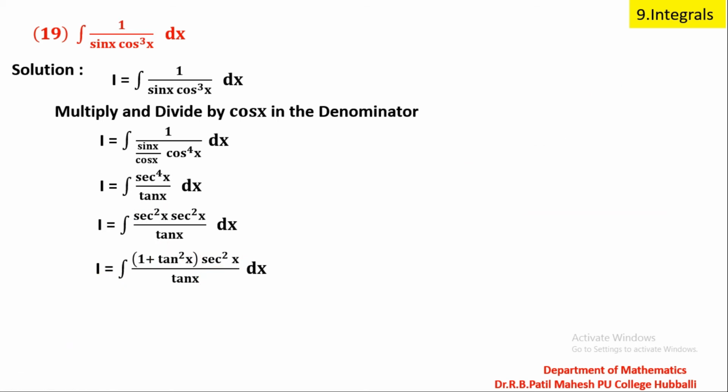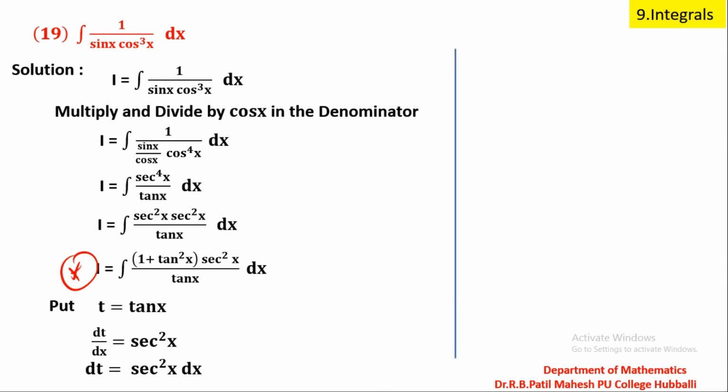Therefore, our next step is substitution. Put t equal to tan x, differentiate with respect to x. So dt by dx is equal to secant square x and dt is equal to secant square x into dx. Therefore, in the given problem I will make small replacements.